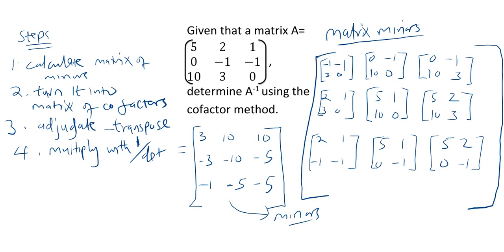We are changing this matrix into what we call the matrix of cofactors. So step 2, we change to the matrix of cofactors. To do this, you apply the matrix that we got in step 1 to what we call the checkerboard of signs.